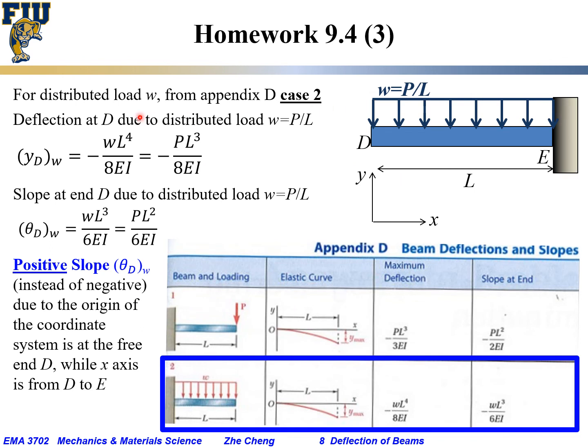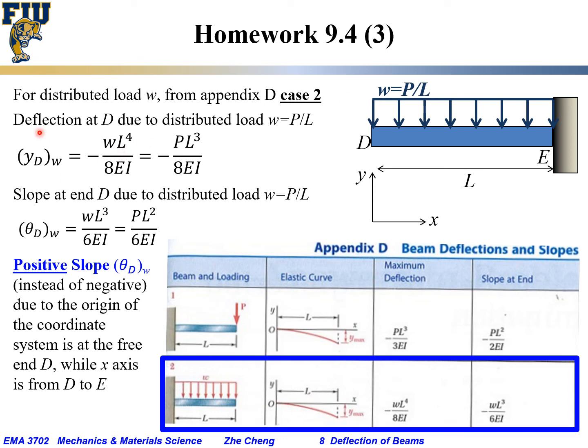First, for the distributed load W over a prismatic cantilever beam, from our appendix D, which we borrowed from the textbook, case 2 is essentially exactly the same, except we flipped it from left to right.